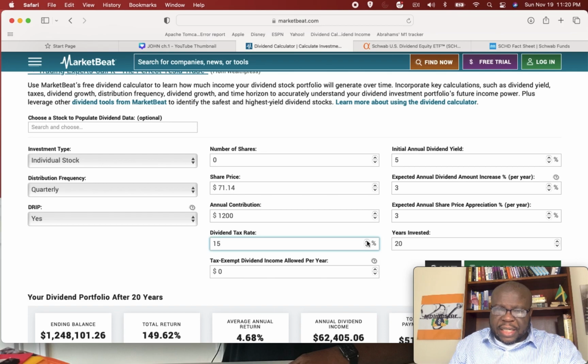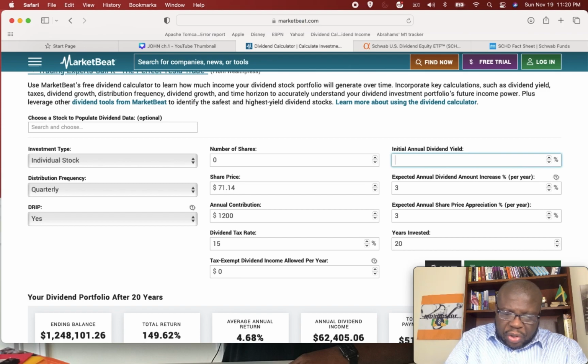There's no real estate in SCHD, and it's also all U.S. companies, so it should be qualified. So we'll do 15%. Tax exempt dividend income allowed rate, we'll put a zero. Initial dividend yield, we said the initial dividend yield is about 3.68%. So we're starting off with 3.68%.